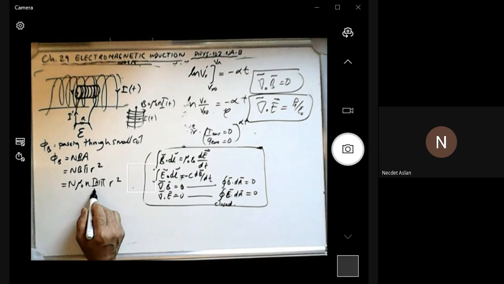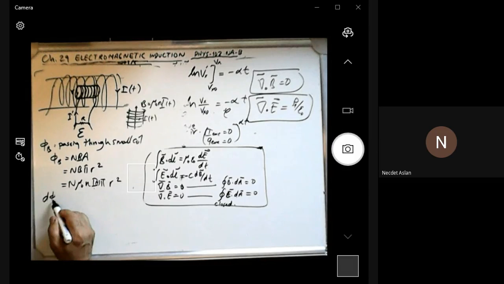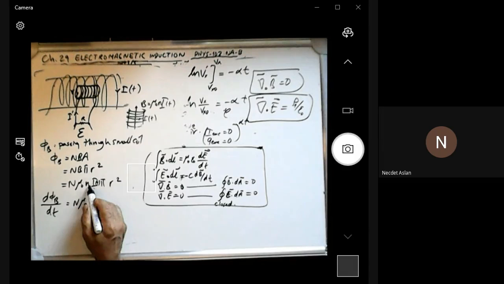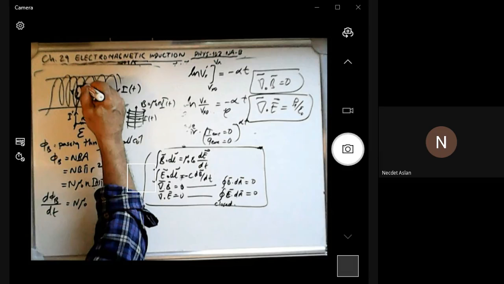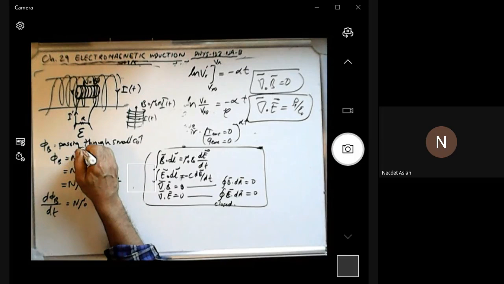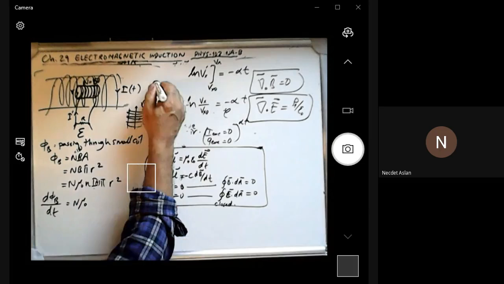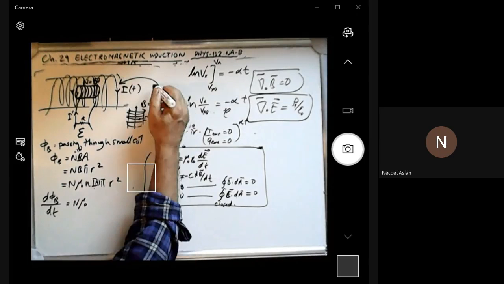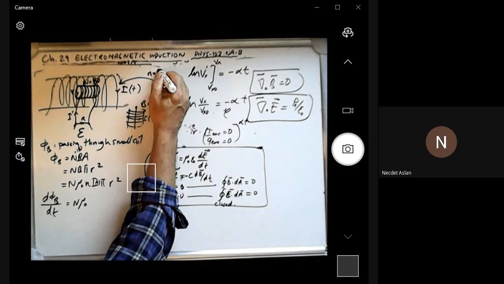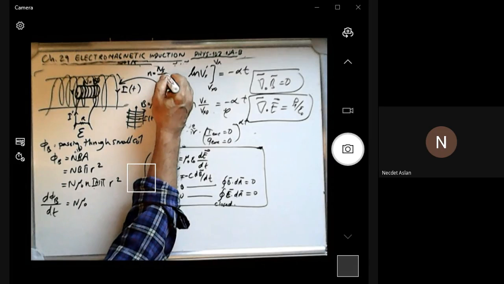So now if you take d phi B over dt, it's just N mu0 n, but this N is the number of windings here. Say this N is 150. But this small n is due to the big solenoid, and n is equal to the number of windings of the solenoid divided by the length.